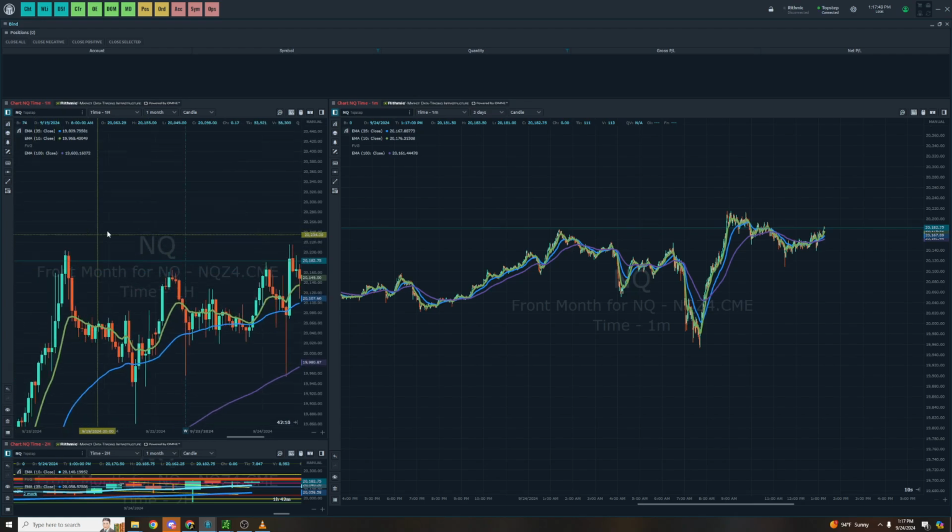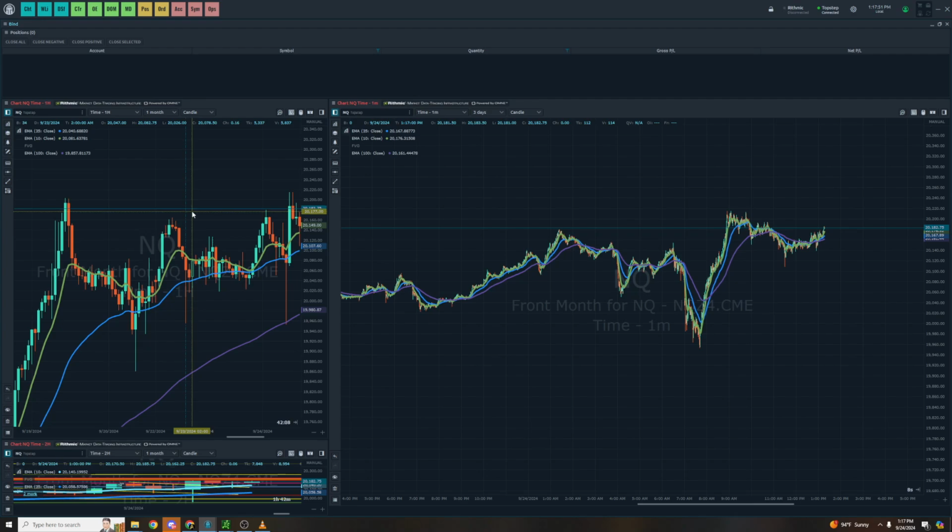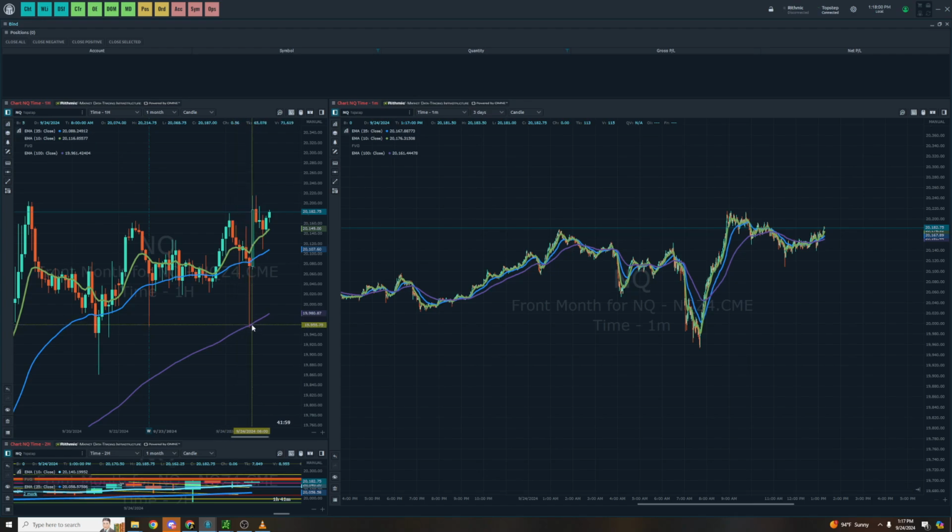So if you zoomed out to your hourly, you could have targeted here for profit, but with a hammer like this, especially off of the 100 EMA, it just shot up, and you could have targeted up there, and he hit 196.